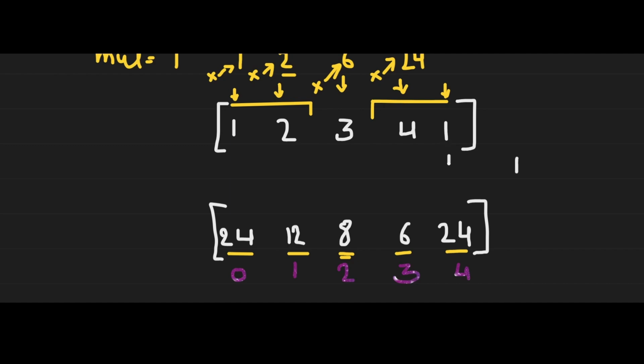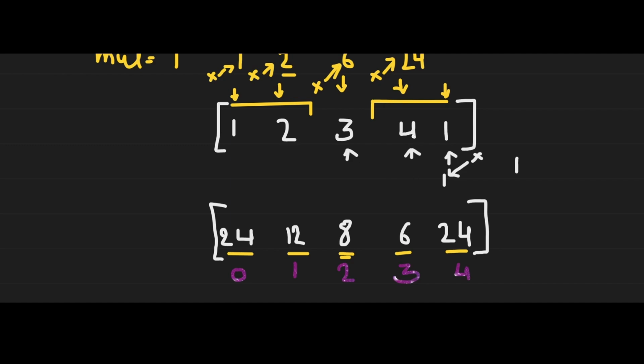For the last index, we will consider the right side multiplication as 1, and as we move forward we will multiply by 2. So for 4 the multiplication on the right side will be 1, and we'll move forward.